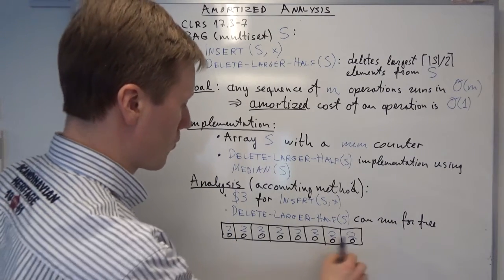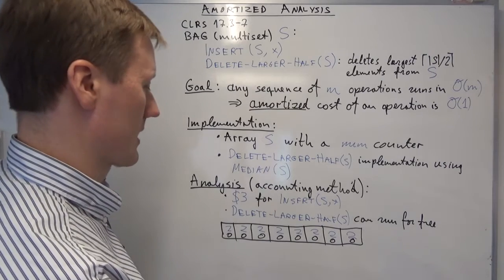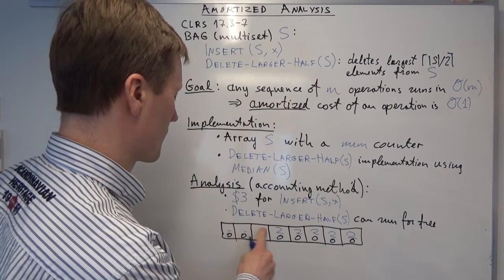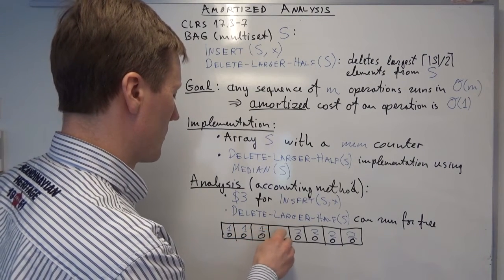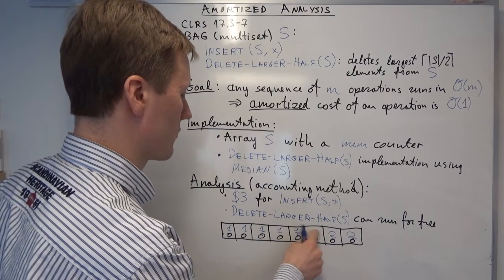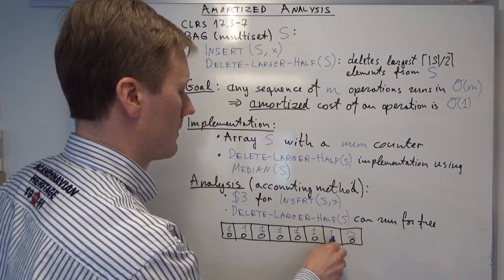So I will use $1 from each of the elements to pay for delete larger half. We'll be left with just $1 on all of the elements. That will pay for delete larger half.